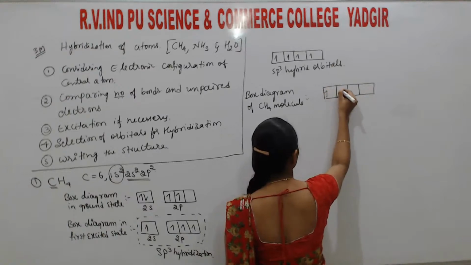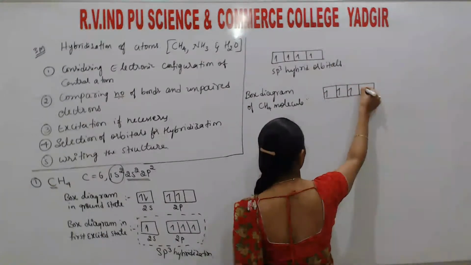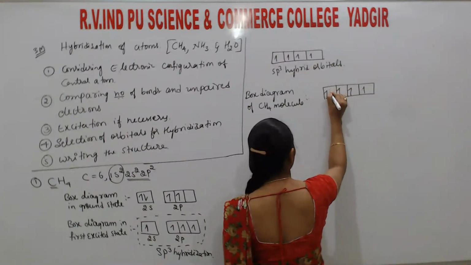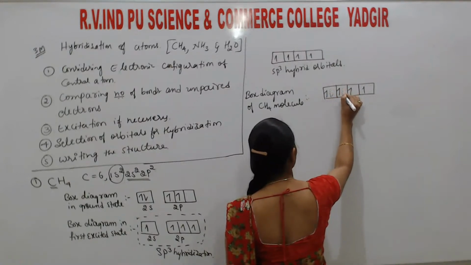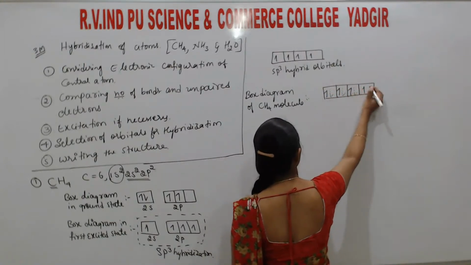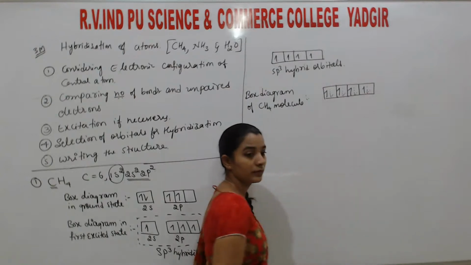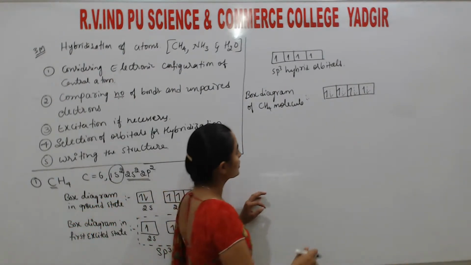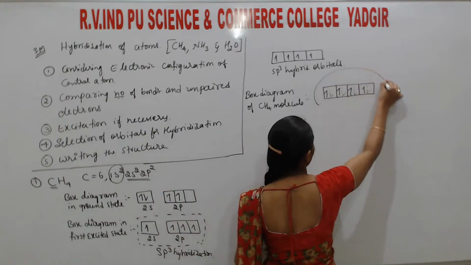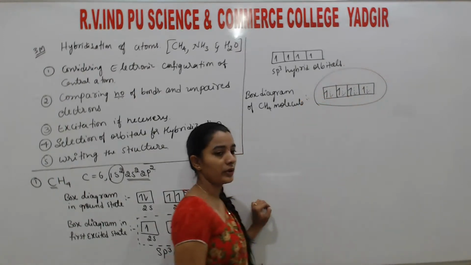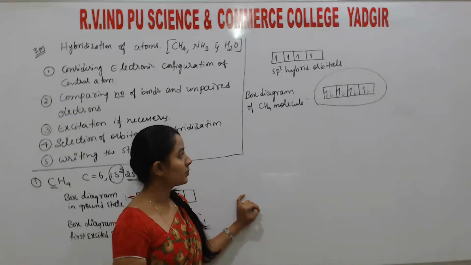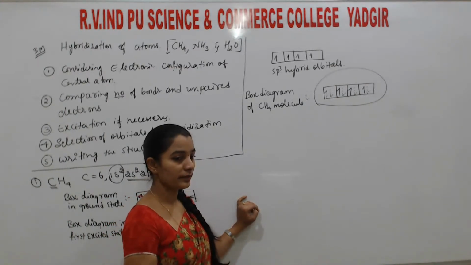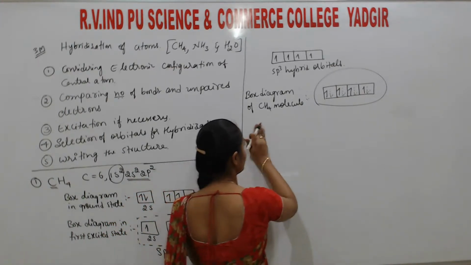So here these are the electrons of carbon. Then the electrons of hydrogen are paired up like this. Okay, so these are the bonded sp3 hybrid orbitals. Sorry, sp3 hybridization.